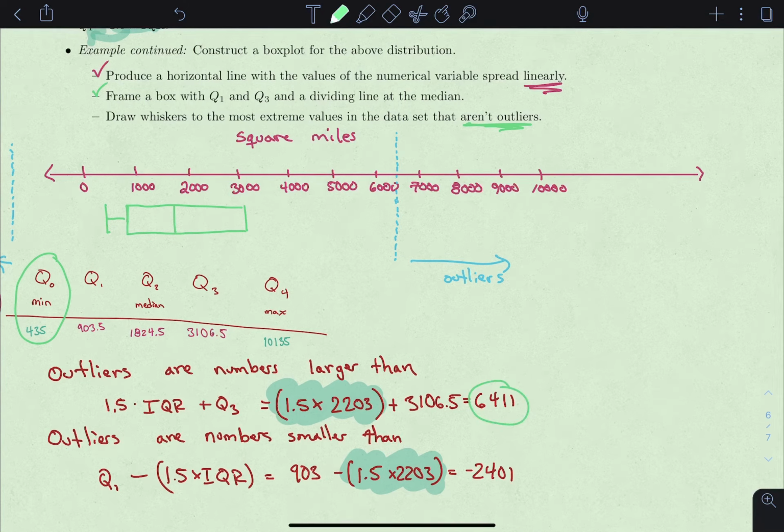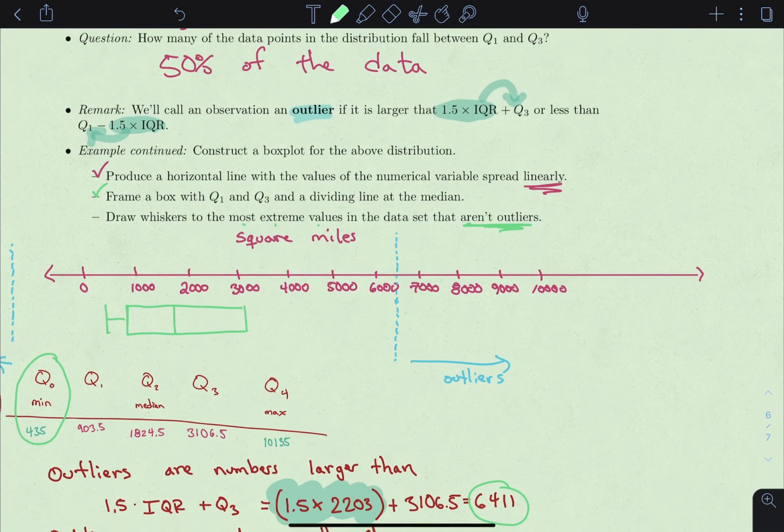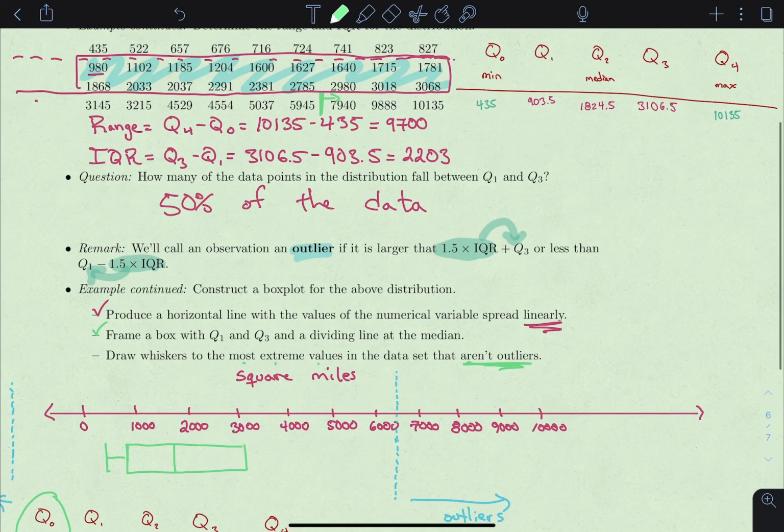So 6,411 looks like that's at this dividing point. So numbers that are bigger than 6,411 are outliers, and numbers that are less are not. So 5,945 is where we draw that whisker to.